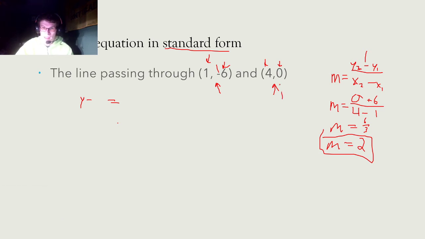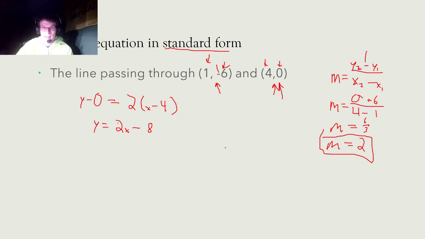I'm going to use this equation. So y minus y1, or my y1, which would be 0, equals m, which is 2, times x minus 4. Alrighty. So 0 we don't have to worry about. So y equals, let's distribute, 2x minus 8.